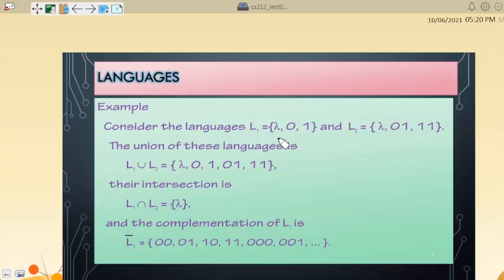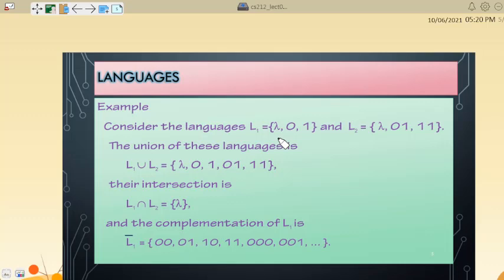Okay, let's look at an example. If we have L1 equal to {lambda, 0, 1} and L2 equal to {lambda, 0, 1, 1, 1}. L1 union L2: if we say union, it means all the elements in L1 and all the elements in L2 must be in the union set.